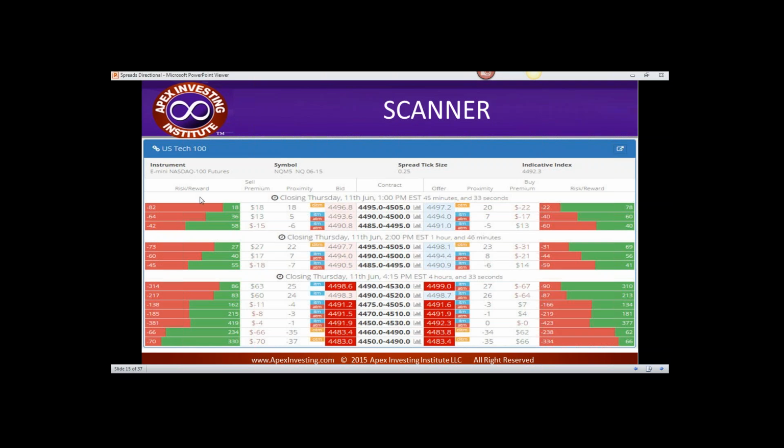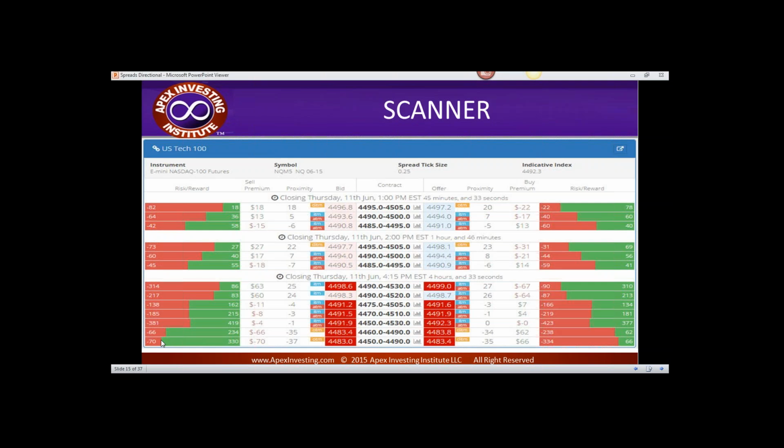Okay. Another good aspect of this is the risk-reward ratio. Everybody understands that, right? Green is what I can make off this spread, max, or what I could lose off this spread, max. Now, keep in mind, right here, this says I can lose $70 on this spread. What does that mean?